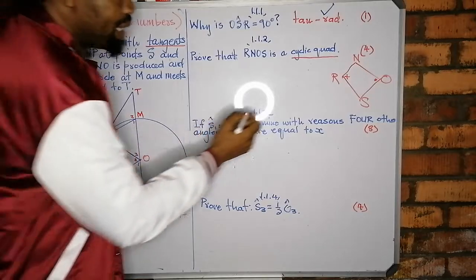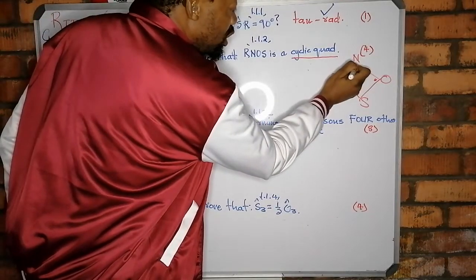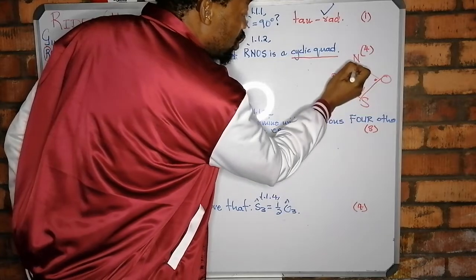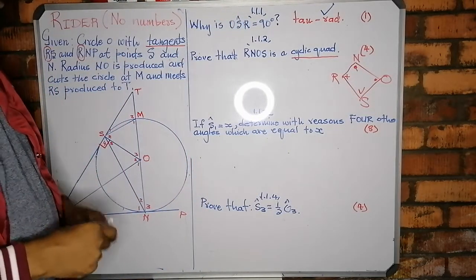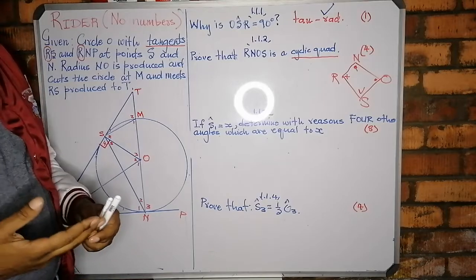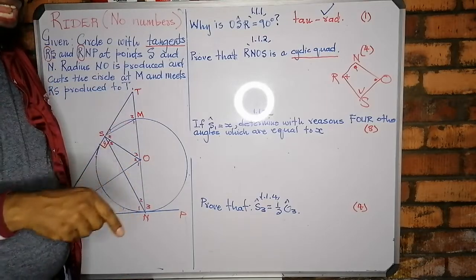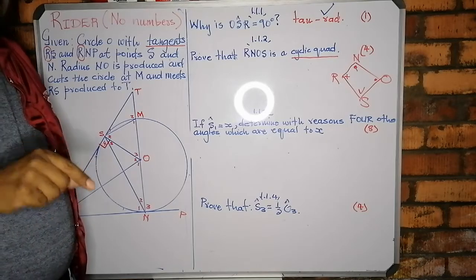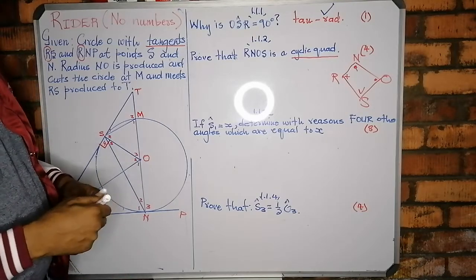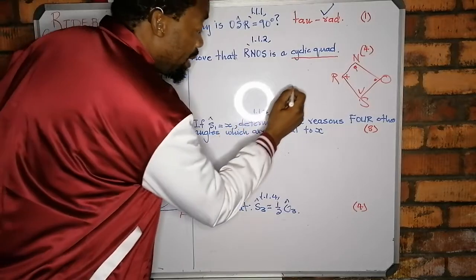If you can't do that, show me that this one plus this one are adding up to 180. Number 2, the exterior angle of a cyclic quadrilateral is exactly the same as the interior opposite angle.